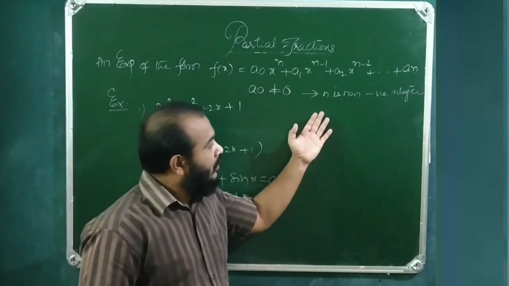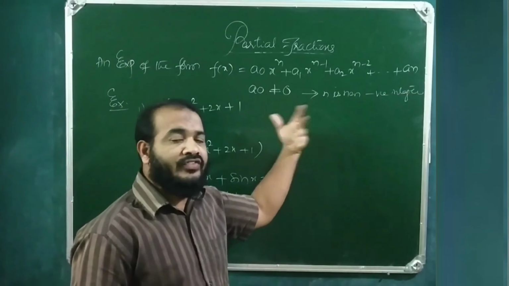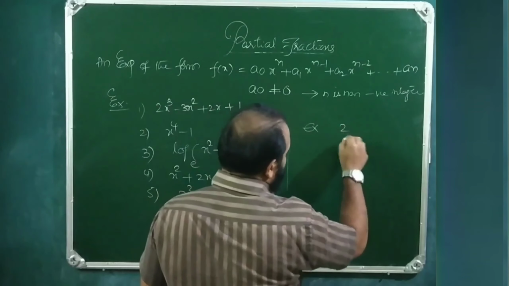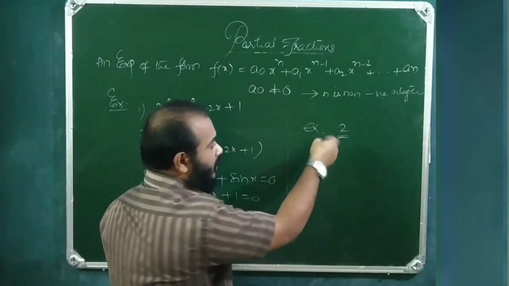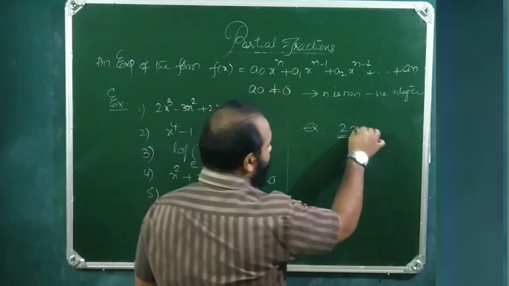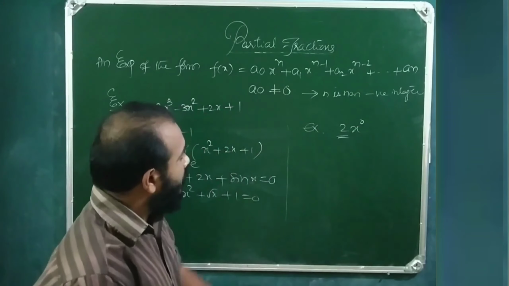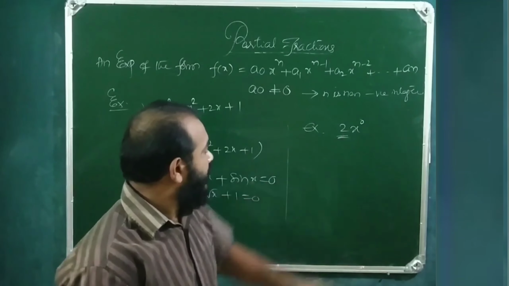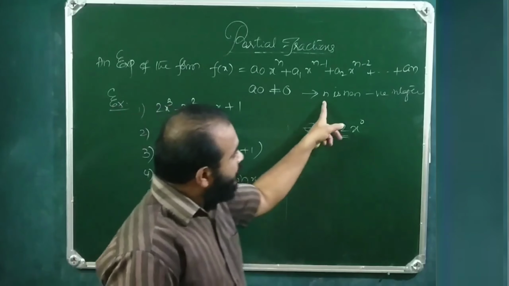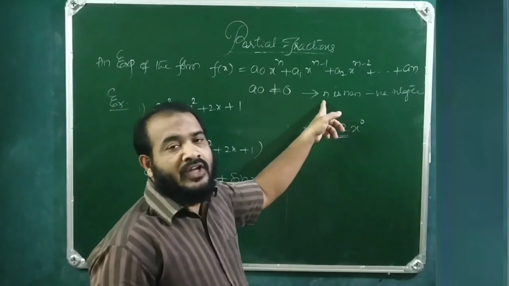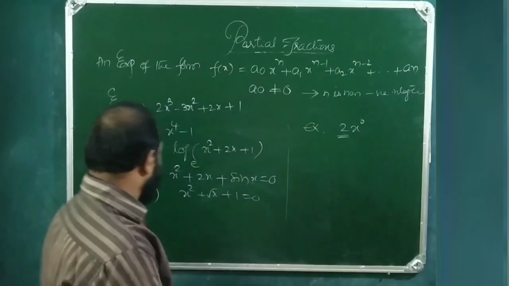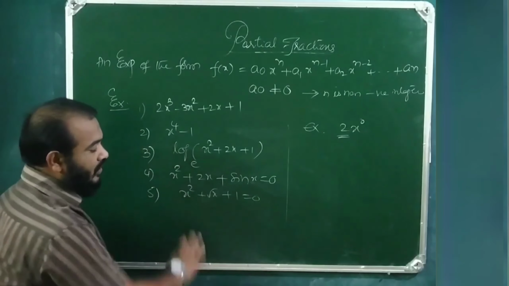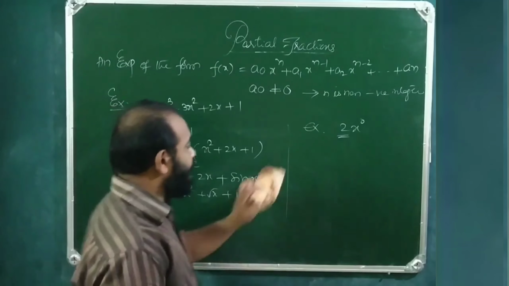It will be a positive number or even 0 also, because 2 is also a polynomial, because 2 can be written as 2 into x power 0. So here this is also a polynomial, but n should not be a rational number. Like x square plus root x, where root x is x power 1 by 2. So therefore this is not a polynomial.